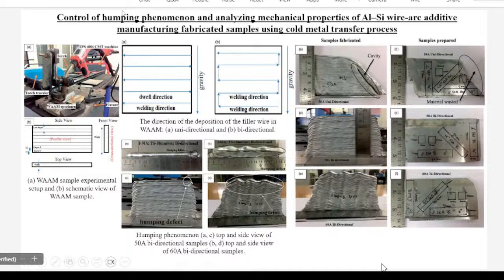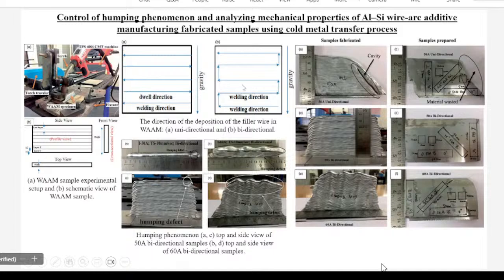So this is case one that I have. This is the published paper that I can talk about. This is the aluminum material that we have made, and you can see there are two path strategies: unidirectional and bidirectional. This WAM component I have made with the unidirectional path strategy. That means we are depositing from one direction, and the second layer is deposited starting at the very same point.